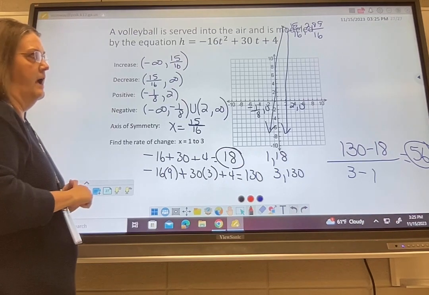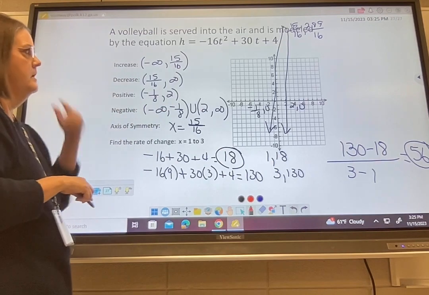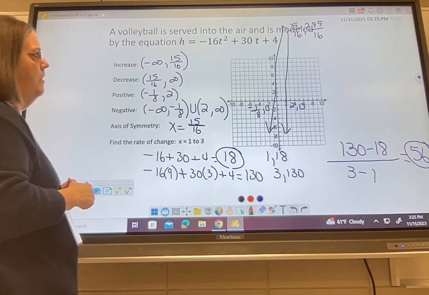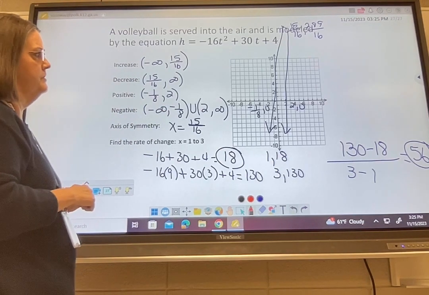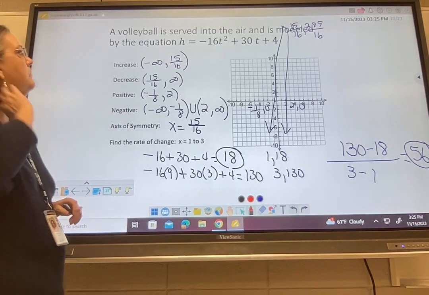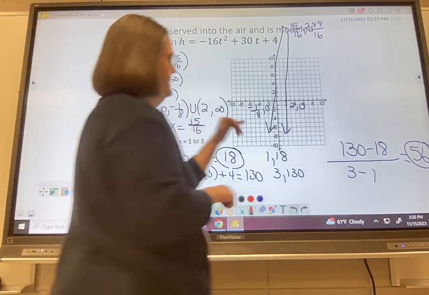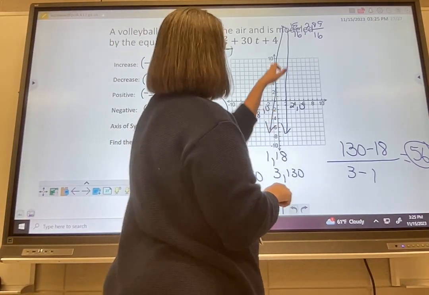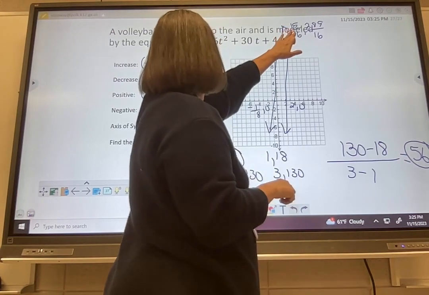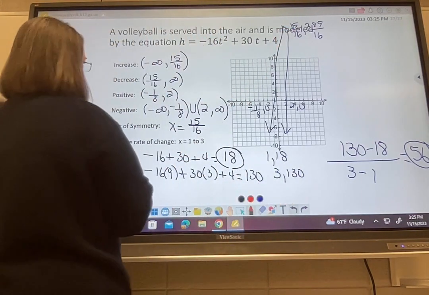Same exact graph from yesterday. We went into Desmos and we graphed this equation, and now we look at it. All right, and I want to make sure that I did real world when I did this, and I'm not sure. We'll look at it. Okay, this is increasing. The actual function is increasing from negative infinity all the way to 15/16. However, do we have negative infinity time?